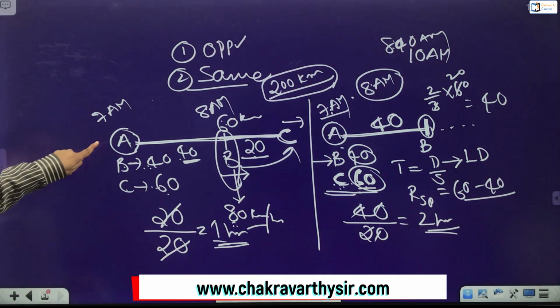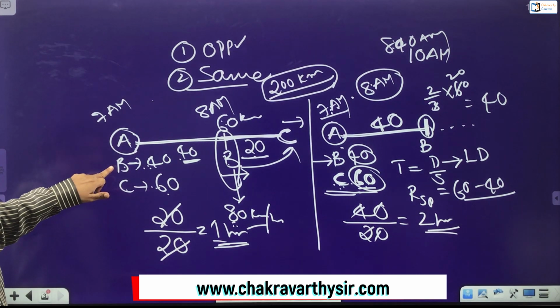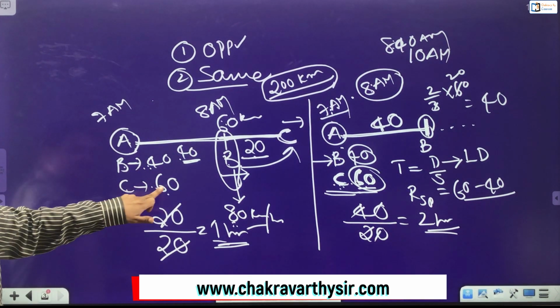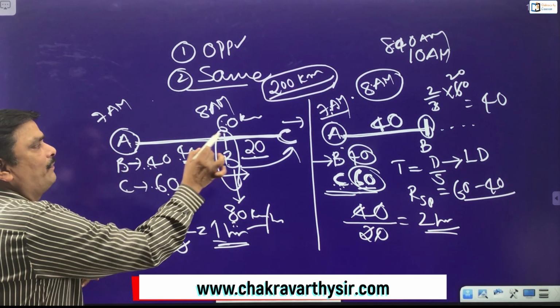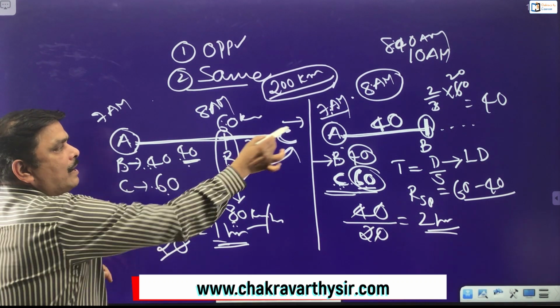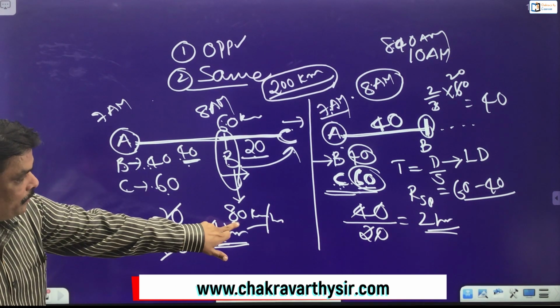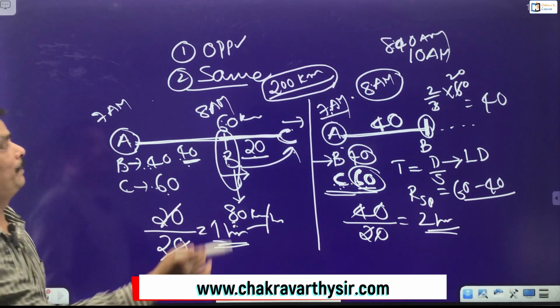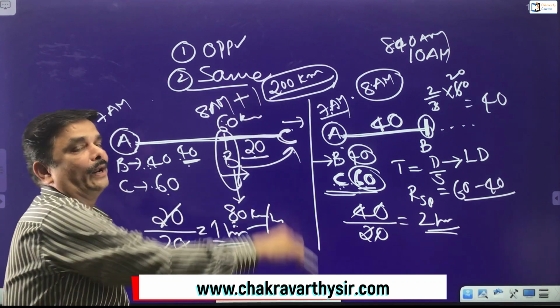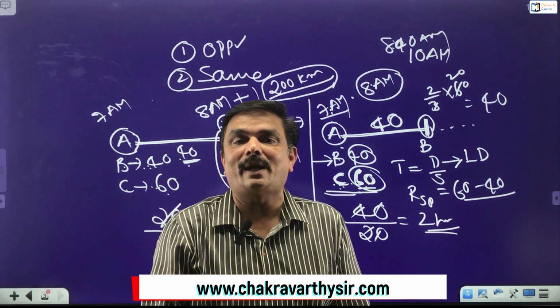What is the question here? From place A, the bus started with 40 kilometers per hour, the car with 60 kilometers per hour. They traveled for 1 hour. In 1 hour the bus covered 40, the car covered 60, the distance is 20. Now the bus increases its speed to 80 kilometers per hour. That means from 8 o'clock plus 1 hour, by 9 o'clock the bus is going to catch the car.